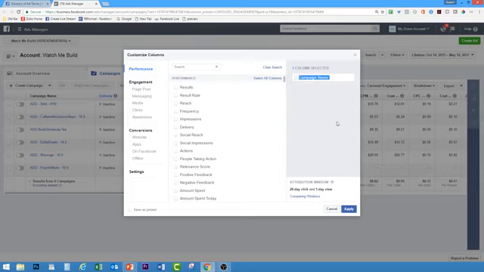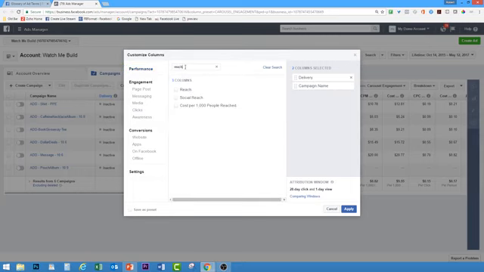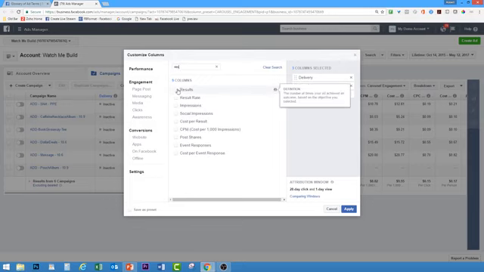So the first one we're going to do is primary. And so what we want for primary is all of the information that's in all of the other tabs. There's a few that I like up front. I like delivery, and I like reach right up front. And I also like results. Depending on what you're going for, if you're going for page post engagements, your results will be your page post engagements.